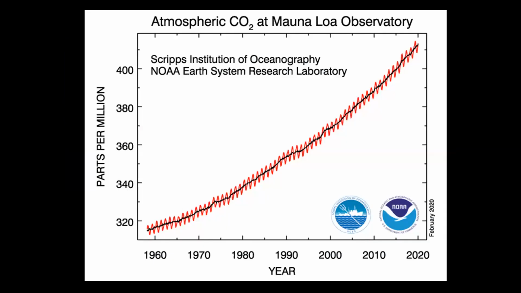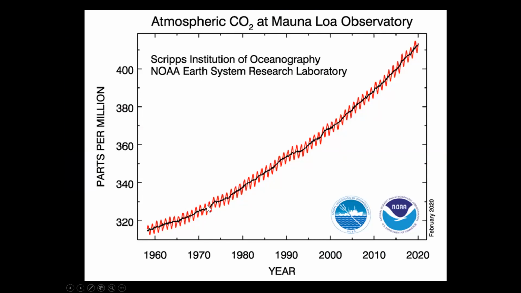When we look at the time series of the concentration of CO2 in the atmosphere, this is data over time from the observatory in Hawaii. You can see here that carbon dioxide has increased over time, and there are two different lines. The black line represents the average increase over time.